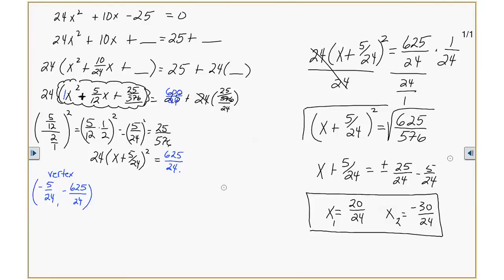So, somebody tell me what kind of graph this is. Look at the 24. What kind of graph is it? Everybody should be answering that question. Is it wide? Is it skinny? Is it a normal parabola?